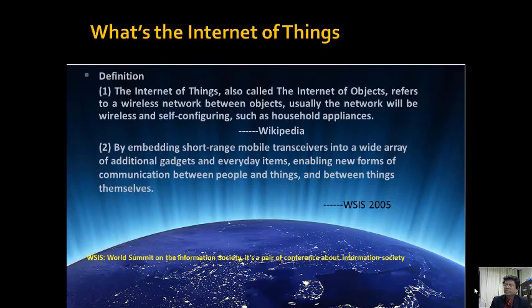If you look at WSIS's definition, the World Summit on Information Society, it's a UN conference about information society. Its definition goes like this: by embedding short-range mobile transceivers into a wide array of additional gadgets and everyday items, enabling new forms of communication between people and things, and between things themselves.